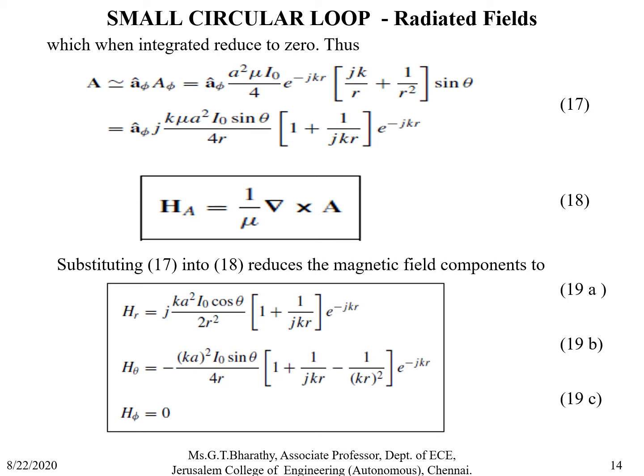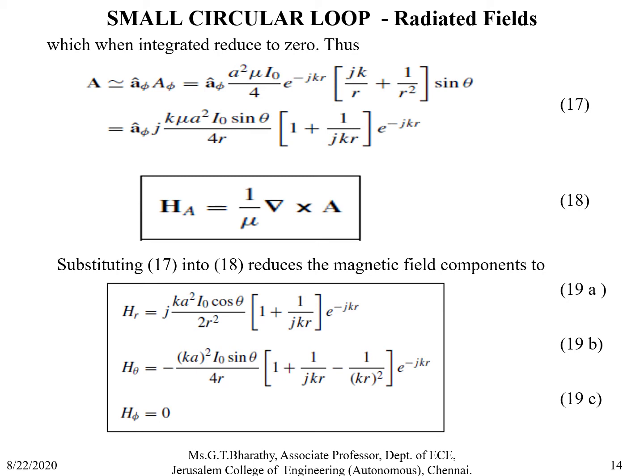The theta component of the magnetic field is H theta, which is equal to minus k a the whole square I naught sin theta by 4r into (1 plus 1 by jkr minus 1 by kr the whole square) into e power minus jkr.